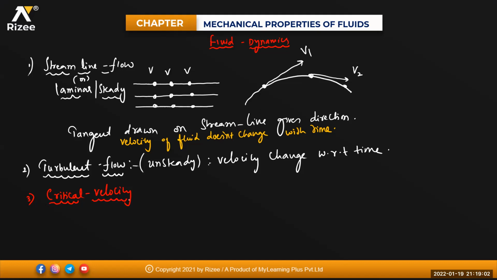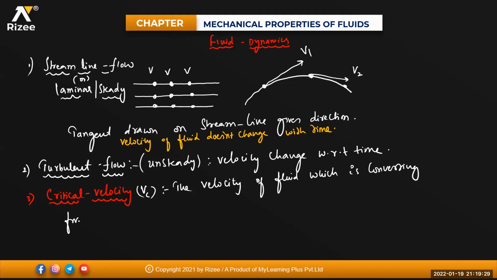Does anyone remember the critical velocity? The velocity at which the fluid is converting from laminar to turbulent is called the critical velocity, represented by VC. So the velocity of your fluid which is converting from laminar to turbulent is called critical velocity.